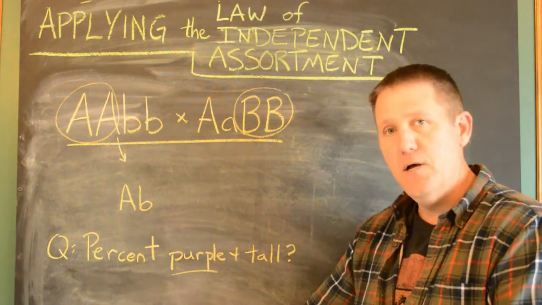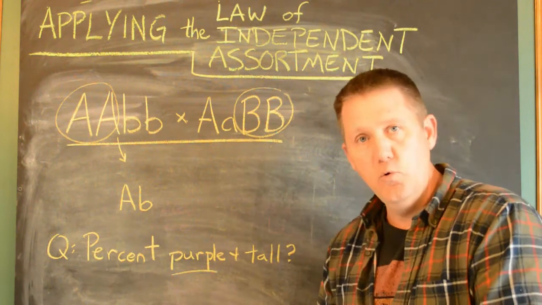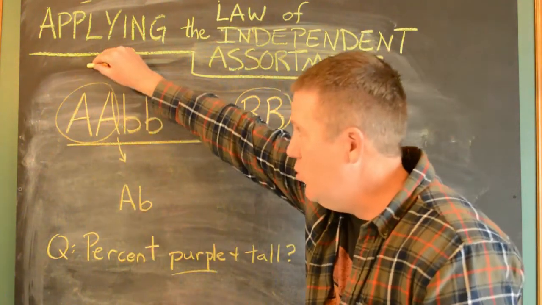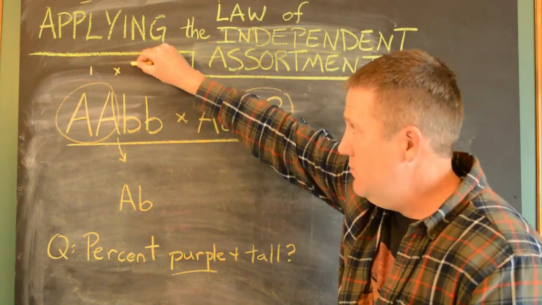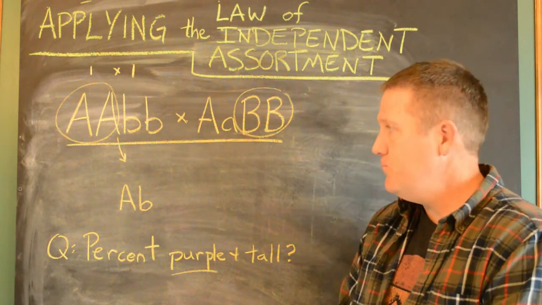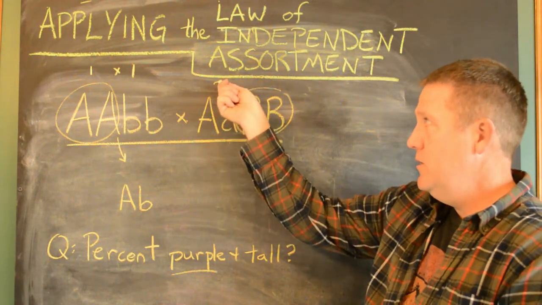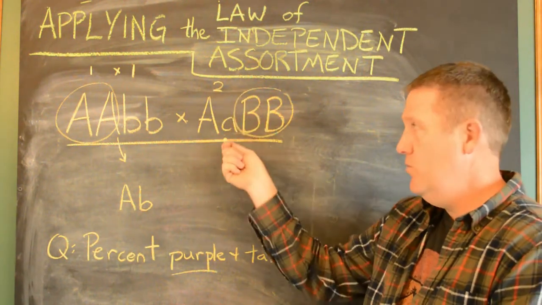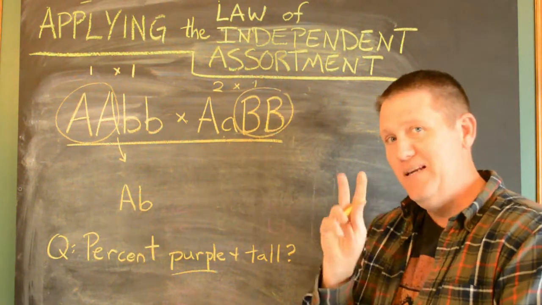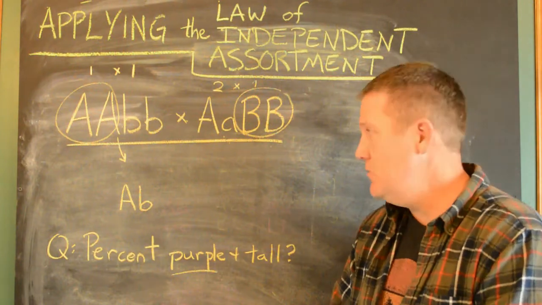We could do that 4 times if we wanted to do the full Punnett square, that 4x4 matrix, but we don't need to. There's only one possibility here times one unique allele there. That's it. What about this one? Well, this one has 2 unique alleles for the A and only one here. So I'm expecting 2 different combinations here.